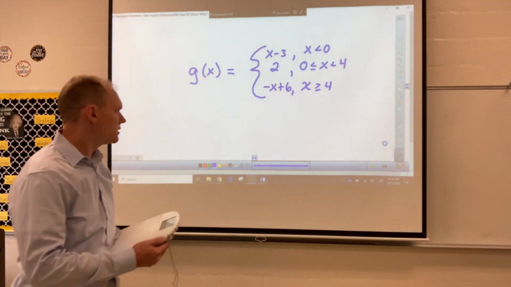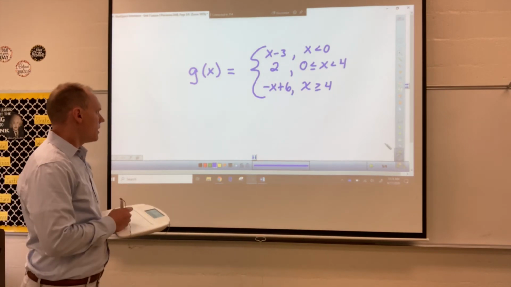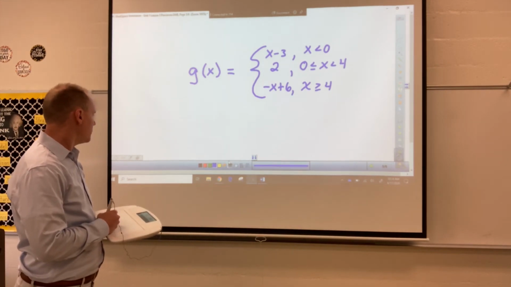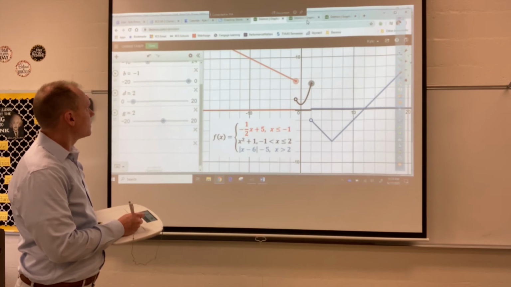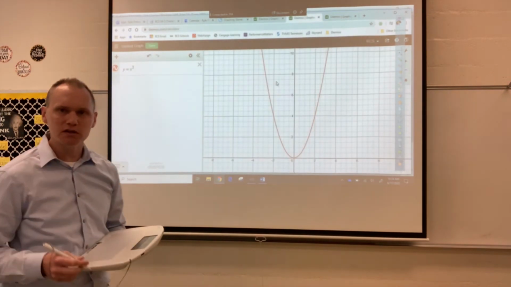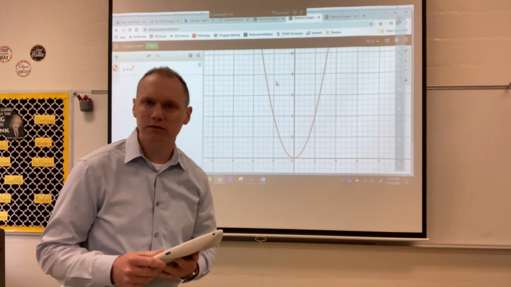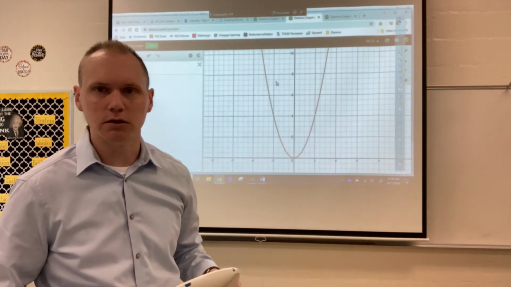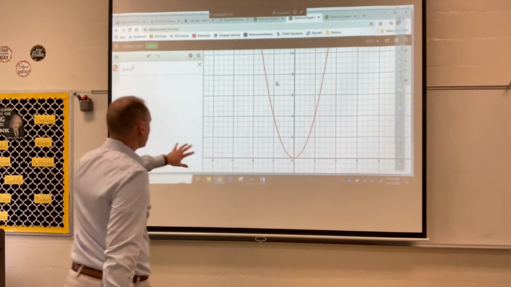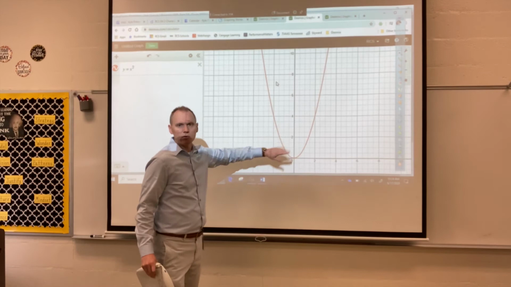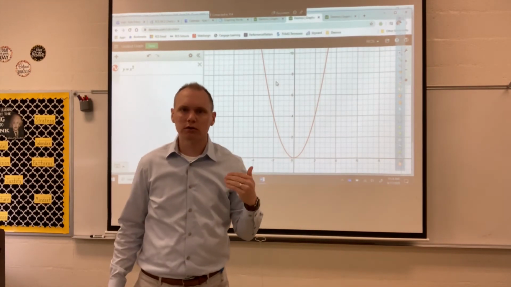All right, so let's take a look at the graph of this. Before we do that though, I want to explain how Desmos works. If you haven't used Desmos before, it is one of the best graphing calculators that you can use. What I've got here is the graph of x squared, and I want to show you on Desmos how to restrict the domain.